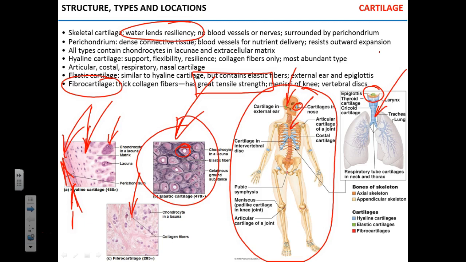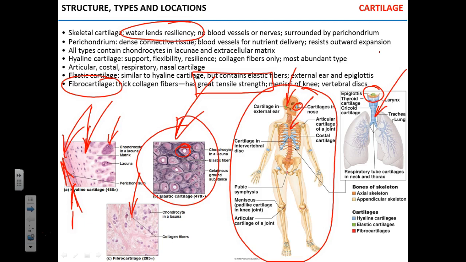Okay, they aren't shown here, but if we would take a look at the knee joint, you can see menisci, these structures that increase fit between the condyles of the femur and condyles of the tibia.